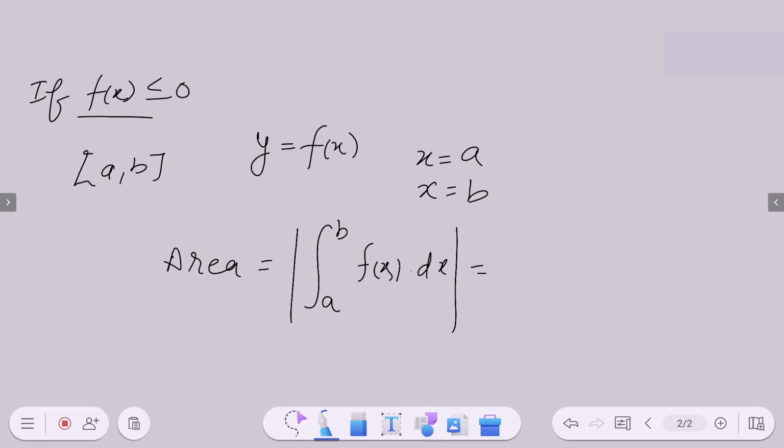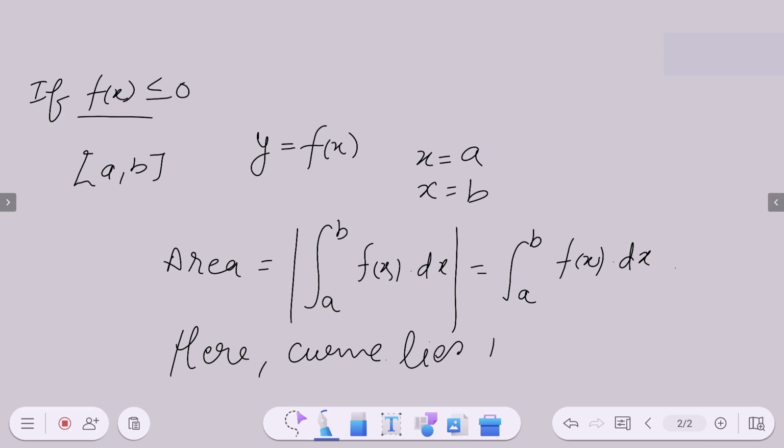Because area is always a positive number. So the integral from a to b of f(x) dx. That means this time the curve lies below the x-axis. Clear? Okay.